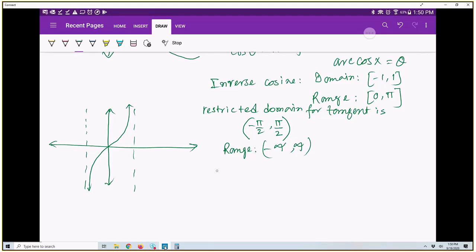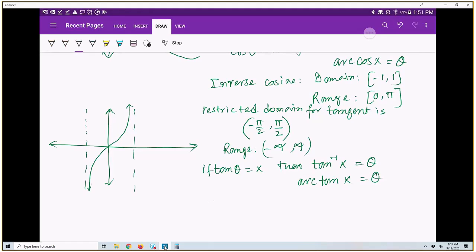So we defined tangent theta being x will tell us that the inverse tangent function of x is theta, or the arctangent function at x is theta.